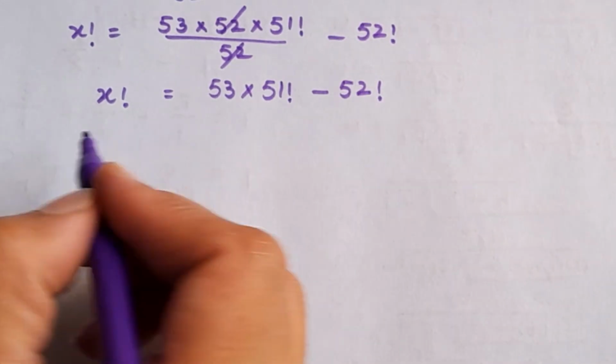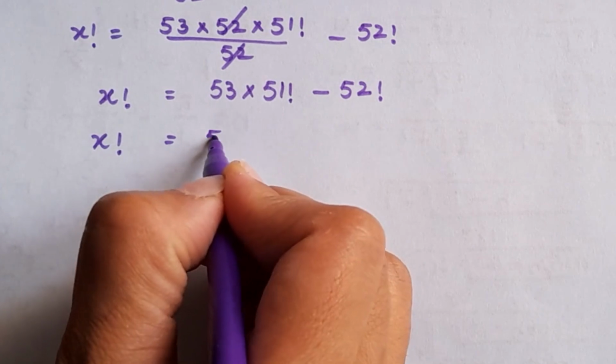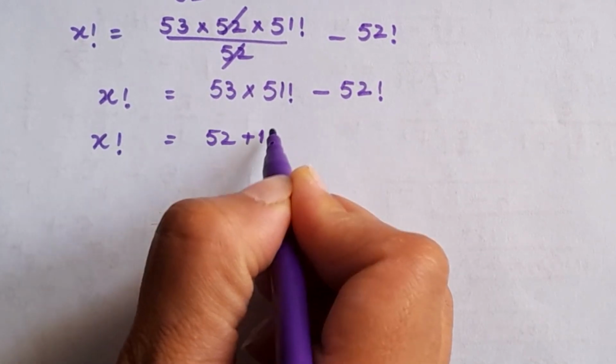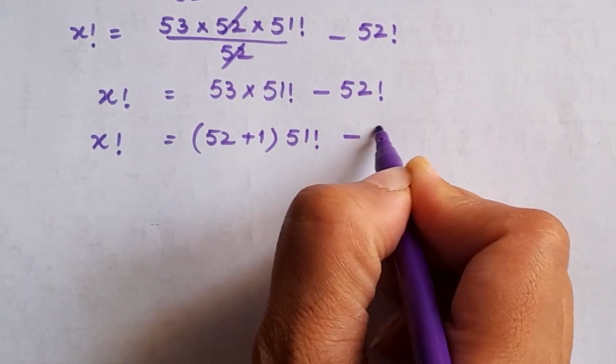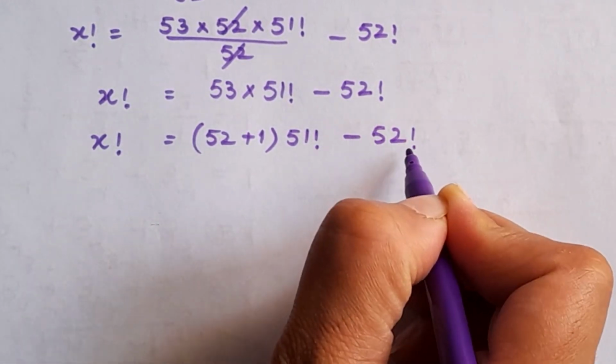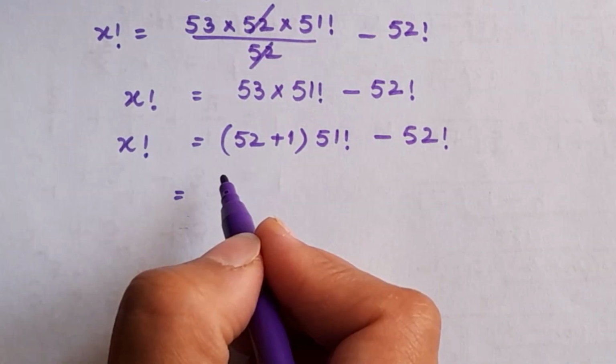Let's simplify it more. x factorial is equal to, 53 is the same as 52 plus 1, and the rest is as it is: 51 factorial minus 52 factorial. Now we are going to multiply this 51 factorial by each term.